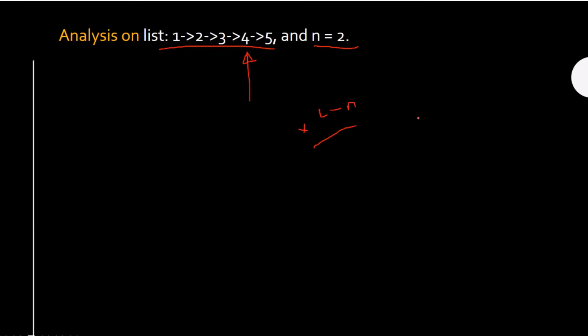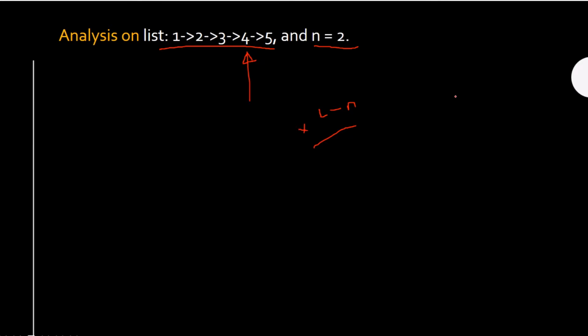After implementing that, we have gotten the length. The next will be for us to iterate through until we get to the length minus n. And once we do that, we'll be able to find where to do our deletion.